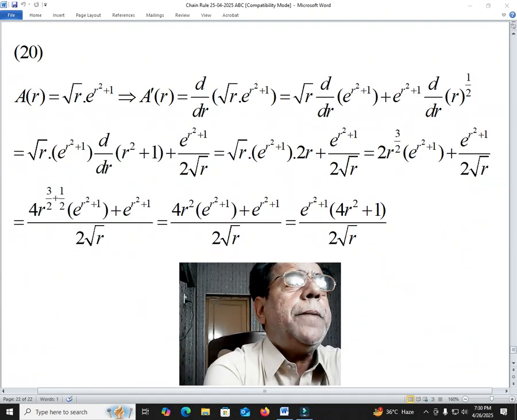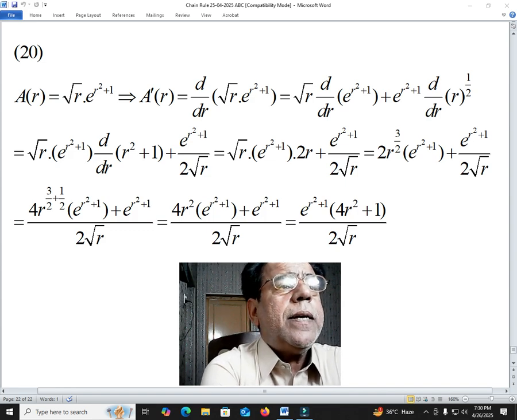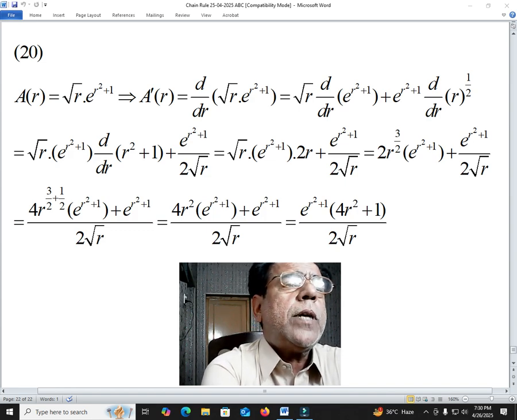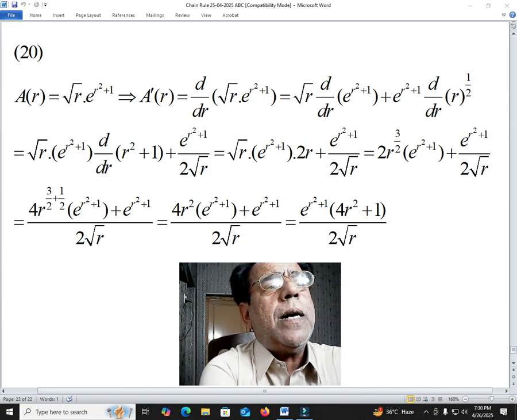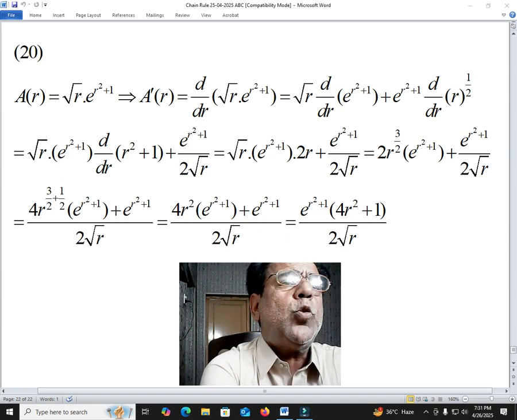Problem number 20, A is a function of r, A(r) is equal to square root of r into e raised to the power r squared plus 1. Here the function is a product case, square root of r is one and e raised to the power r squared plus 1 is the other. So the product rule is going to be applied.